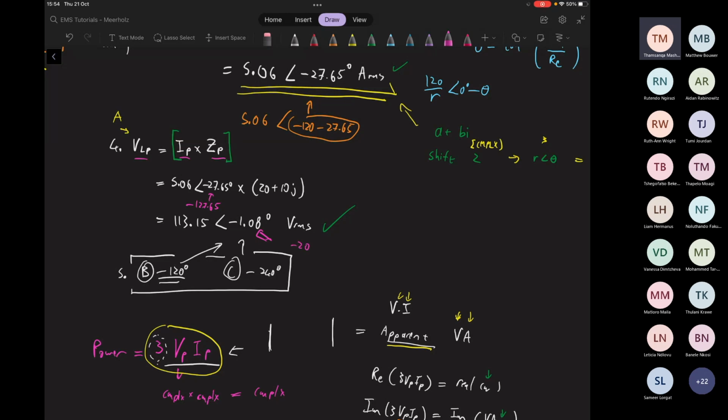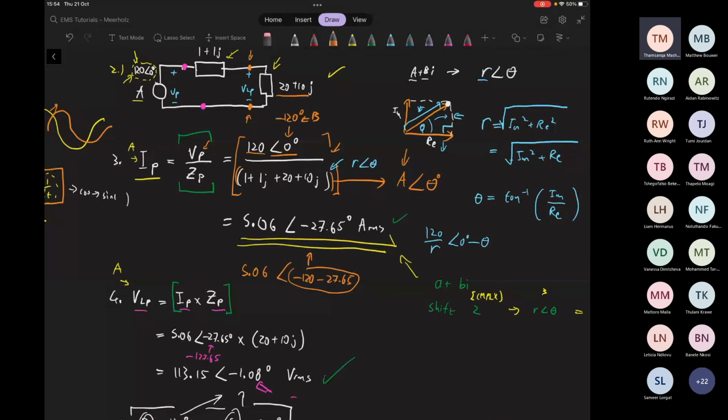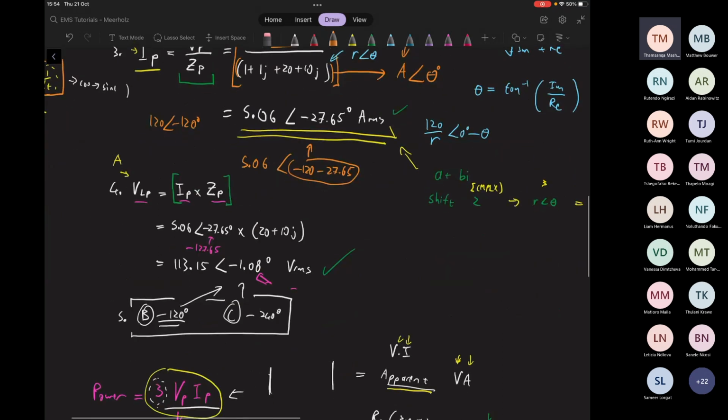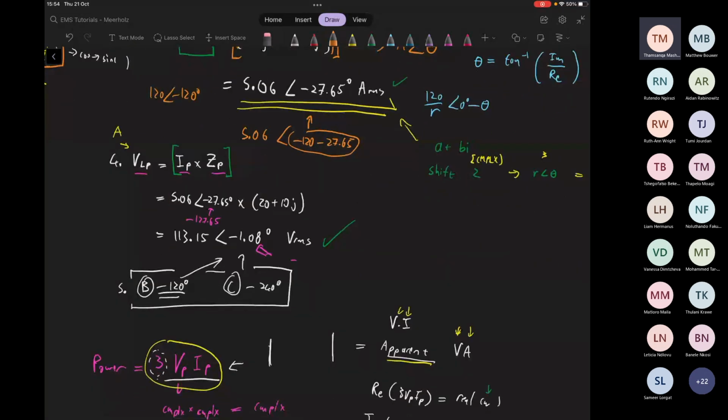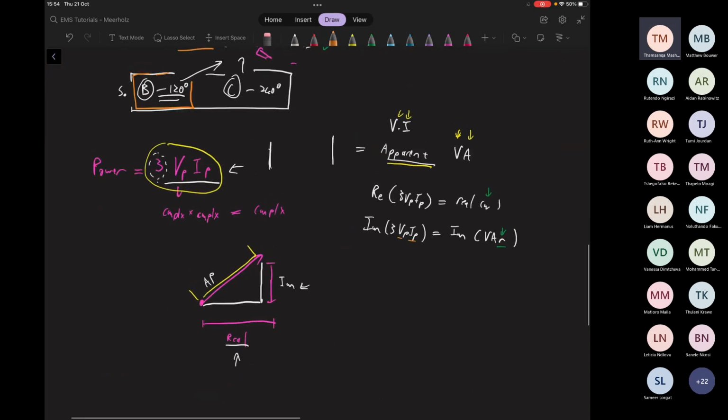I'm just showing the whole process: if you were to start your calculation with phase B instead, which is 120 at an angle of minus 120 degrees, you eventually end up with a phase shift of minus 120. That's what I was saying over here, that you just shift the phase. The magnitudes will all be the same. The phase will just be different. Okay, thanks.